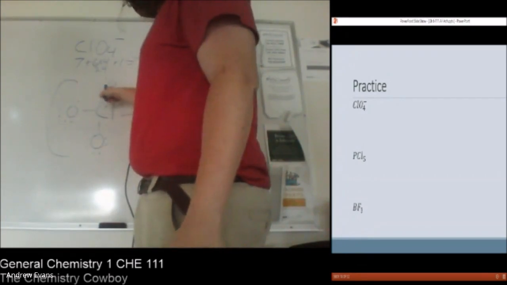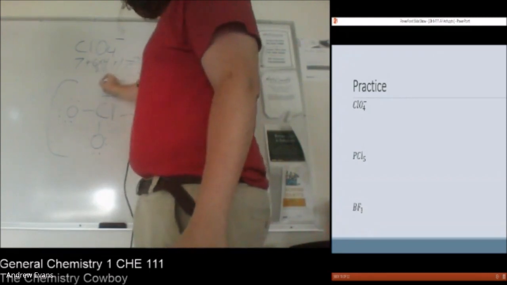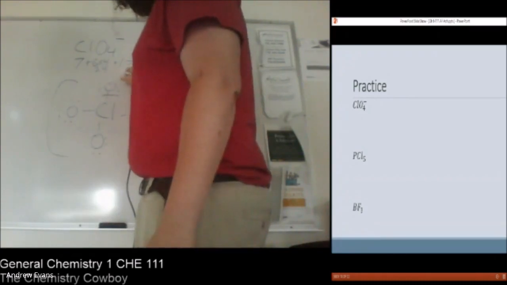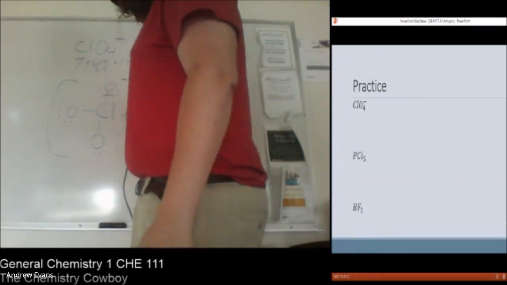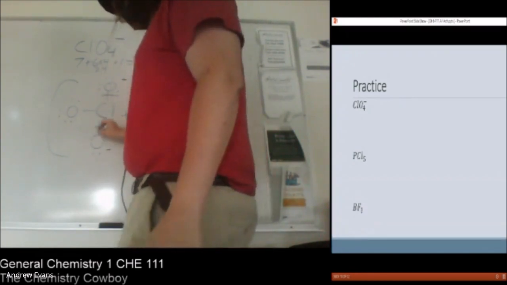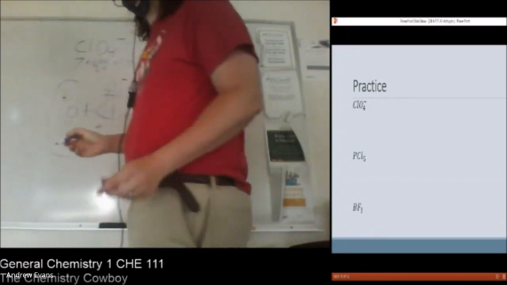So 1 from this bond, 1, 2, 3, 4, 5, 6, plus that one, 7. Oxygen should have 6. Each oxygen actually has 7. So each oxygen has a formal charge of negative 1 in this structure.